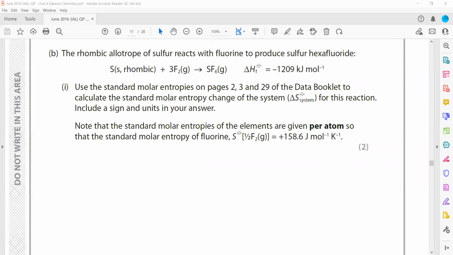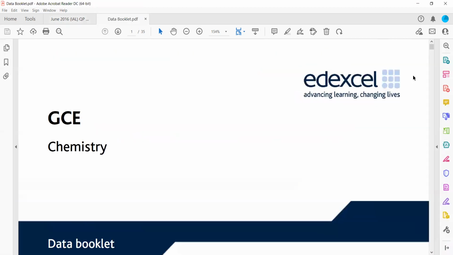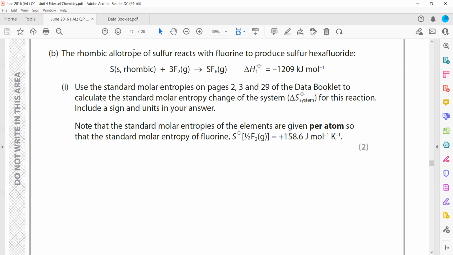So using the data booklet, the entropy change of the system will be the products minus the reactants. So, page numbers 2, 3 and 29.